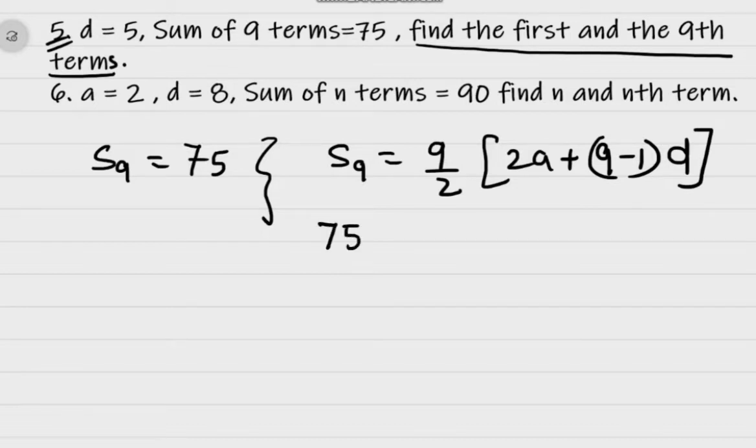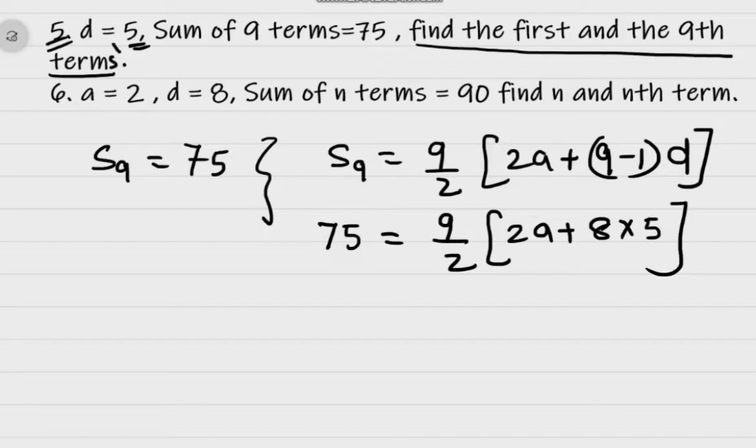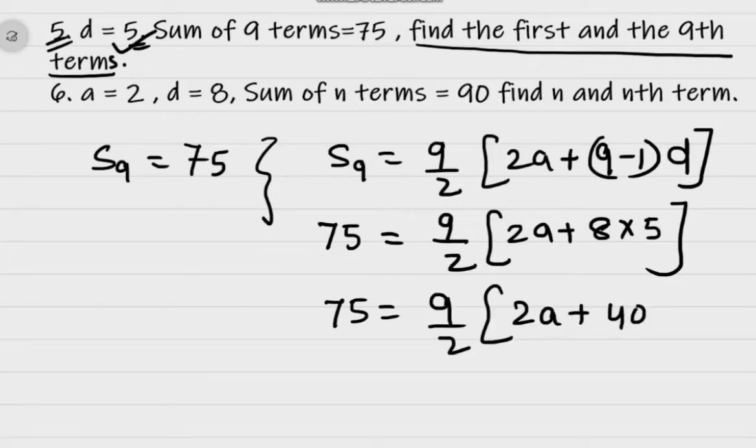So let us use 75 is equal to 9 by 2 into, you don't know A but D is equal to 5, 2A plus n minus 1 is 8 and D is equal to 5. See, D is given as 5. Now this will become 75 equal to 9 by 2 into 2A plus 40, isn't it?